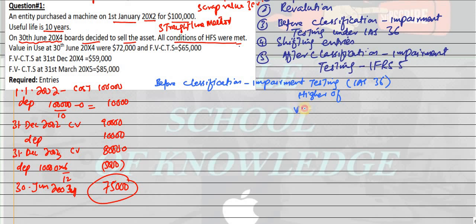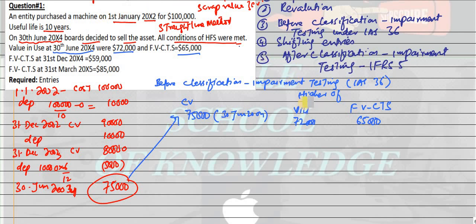The first one is value in use and the second one is fair value less cost to sell. Now if you see here, on 30 June 2004, 72,000 is the value in use and fair value less cost to sell is 65,000. Now on this date the carrying value is 75,000.